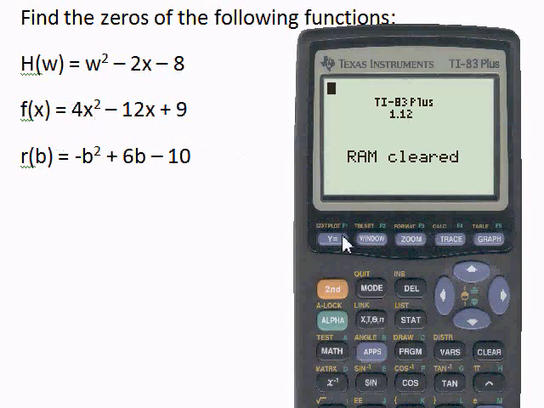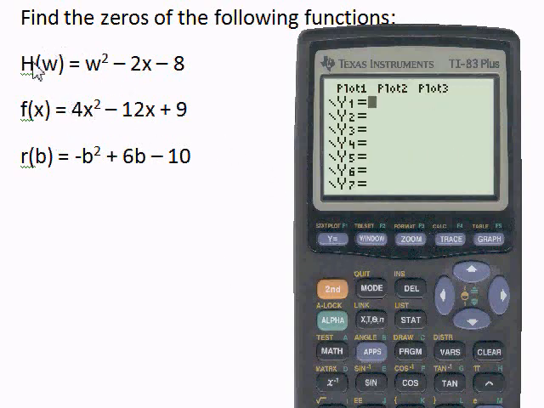Now, first thing, we go to y equals, and I know it does not say y equals on our function. What I want to let you know is that when it comes to the graphing calculator, you can call h of w, this whole big thing on the left-hand side, just y. And this should be a w right here. We're just going to change our variable.